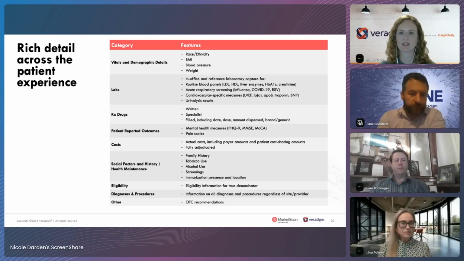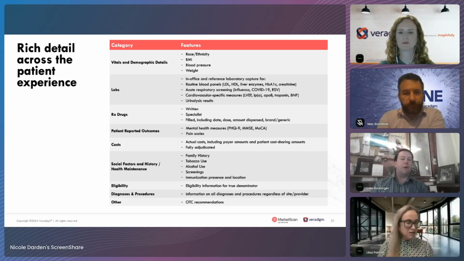And Luke, I don't know if you want to touch on the MarketScan side. Yeah, for those of you that are familiar with MarketScan, we do have geography down to the MSA level, CBSA level some would say, in the standard version. This version is at the state level, from what I recall, in terms of geography.